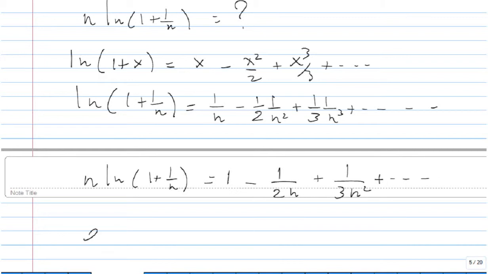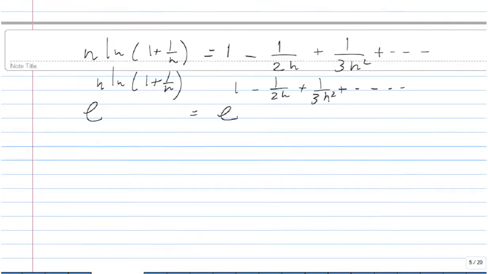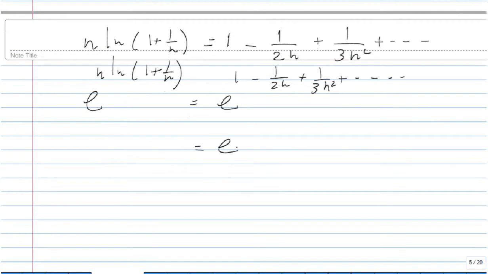So now if I take e to the power n ln of (1 plus 1 over n), this will be e to the power (1 minus 1 over 2n plus 1 over 3n squared, etc.). Using the properties of e, this is e to the power 1 times e to the power (minus 1 over 2n plus 1 over 3n squared, etc.). We can use the Landau notation and put here that it is small o of 1 over n squared, but let's move on anyway.